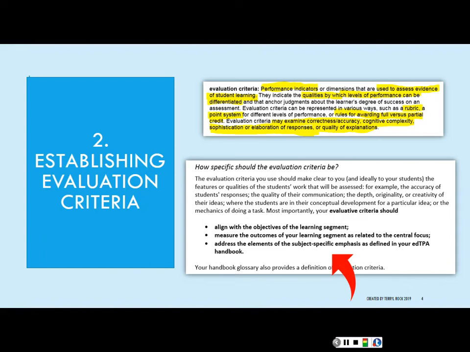But if you don't do that, and that's why it's in the outline that I give you, then you can't answer the last question, which is about the SSE. So that's why it's in the outline but not in the question. And here it is. Address the elements of the SSE as defined in your handbook. And everybody by now should know what their SSE are.